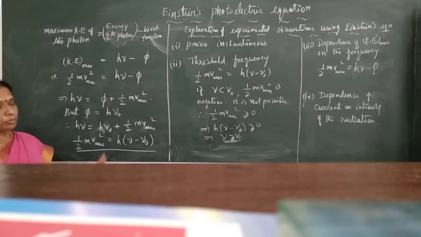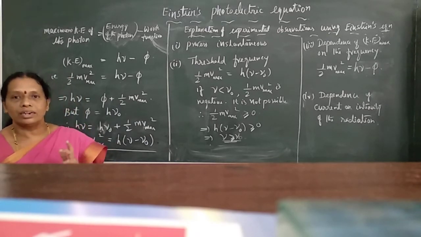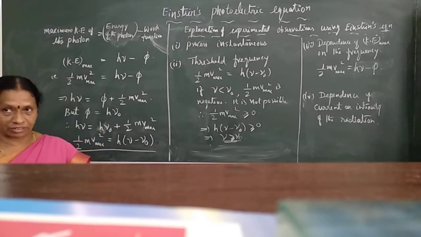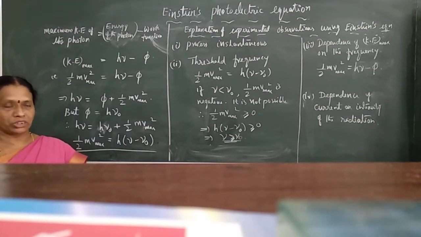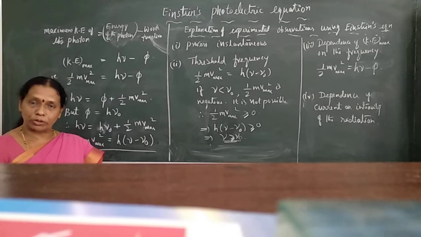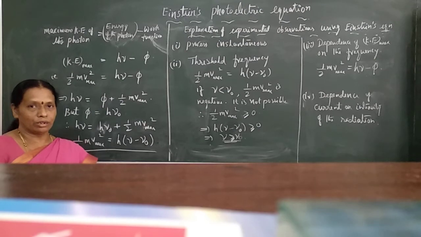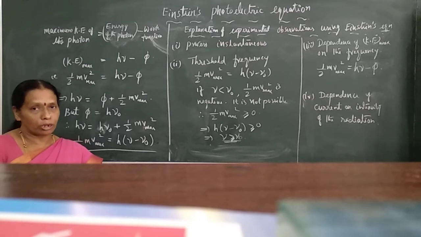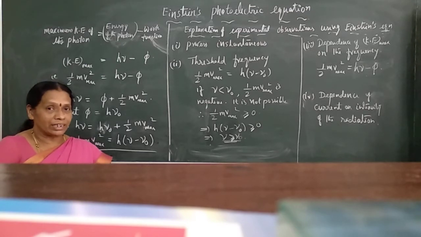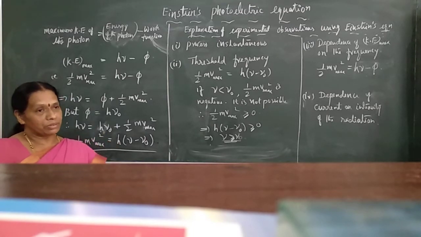The experimentally observed facts were: the process is instantaneous; the incident radiation should possess a minimum frequency called the threshold frequency, then only there will be photoemission, otherwise there is no photoemission; the photoelectric current is directly proportional to the intensity of the radiation; kinetic energy depends on the frequency of the incident radiation; and there is a potential called the stopping potential to stop the electrons completely from reaching the anode plate, depending on which the electrons have their maximum kinetic energy.